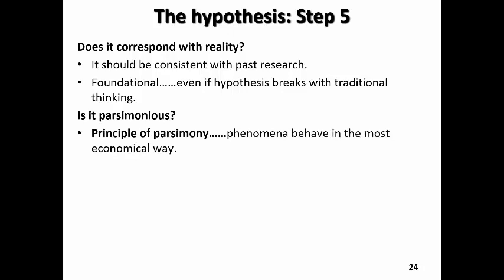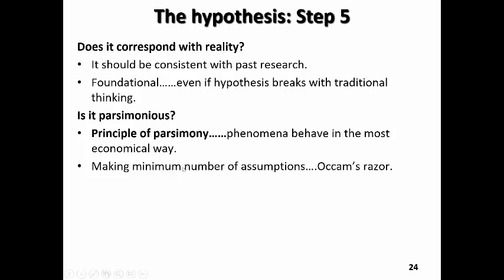Is the hypothesis parsimonious, which refers to phenomena that behave in the most economical or efficient sort of way? There's a concept called Occam's razor, where making a minimum number of assumptions, or the simplest, not the easiest, but the simplest solution to a problem is usually the correct one. That's what Occam's razor hypothesizes.